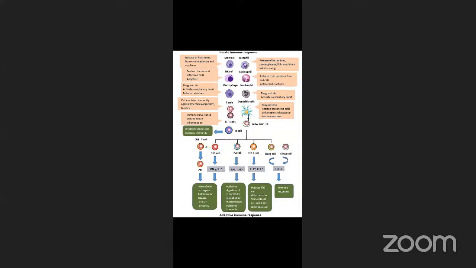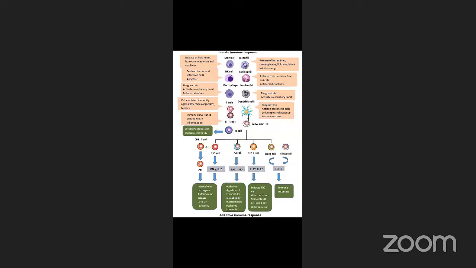This granzyme goes and binds with some mediators, especially the caspases. These caspases are there in the mitochondria and play a key role in the apoptotic pathway.